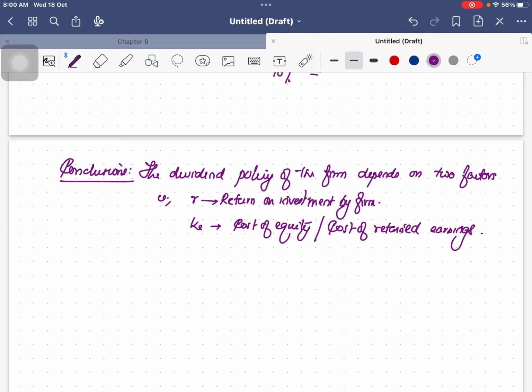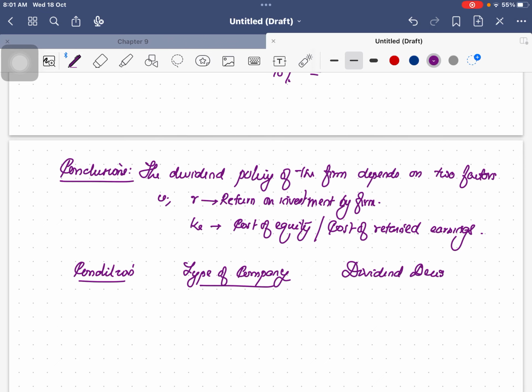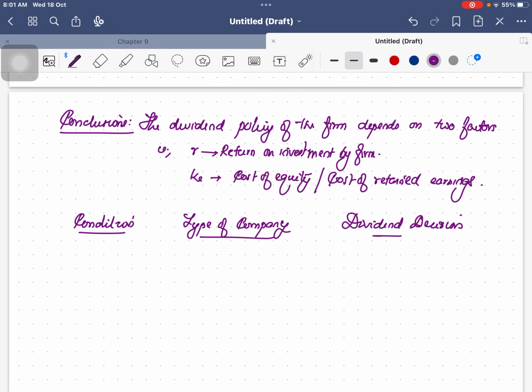So what is the condition? Condition, then type of company, dividend decision. The first condition is R is equal to KE.